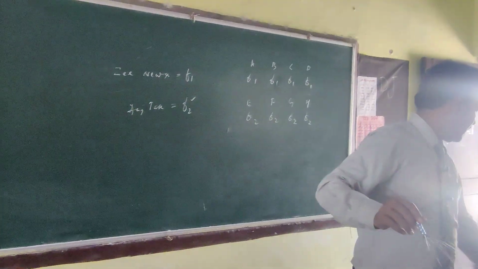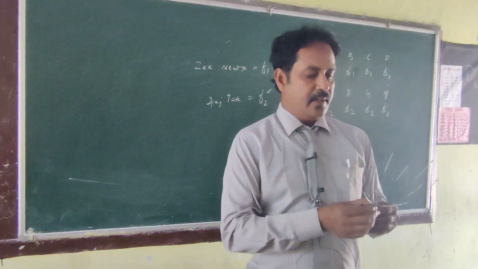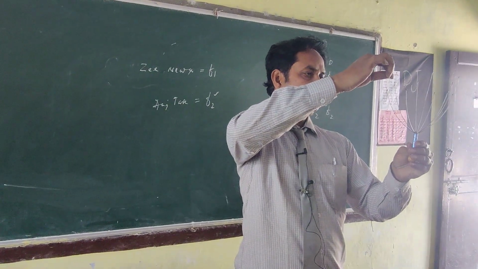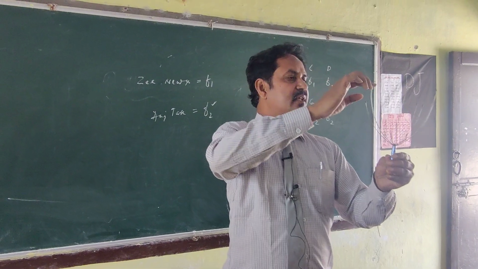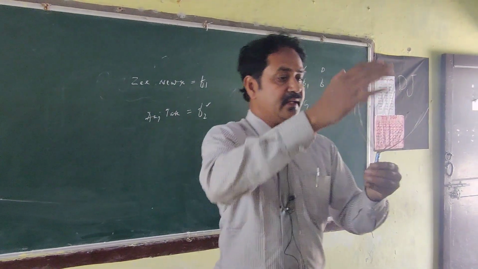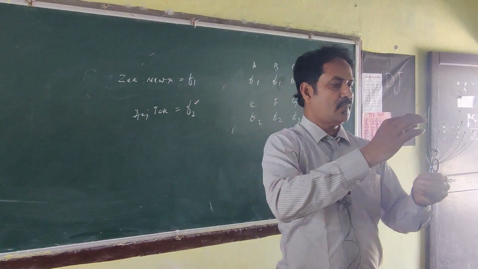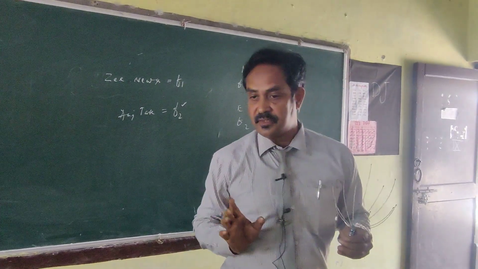That I am going to show you through this demonstration device. Now suppose this is G News, and it will send a frequency. In this device the frequency is dependent upon the length and size.